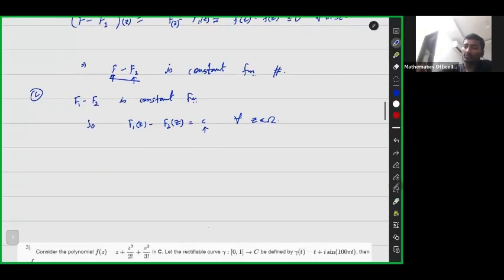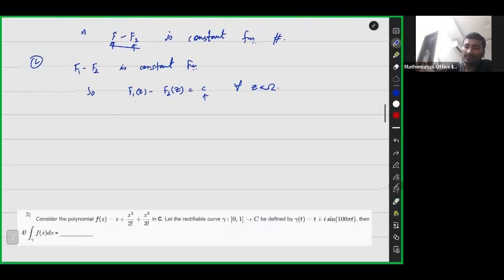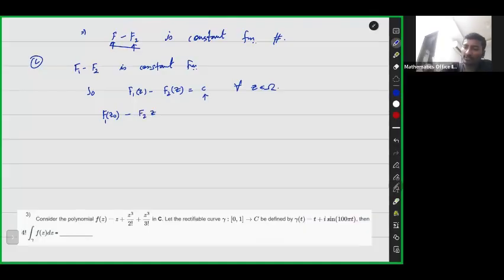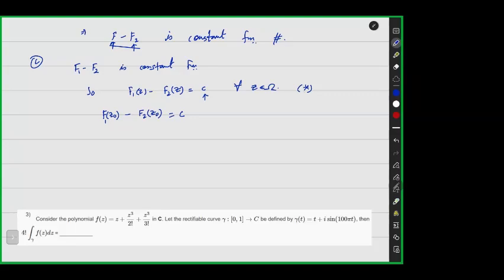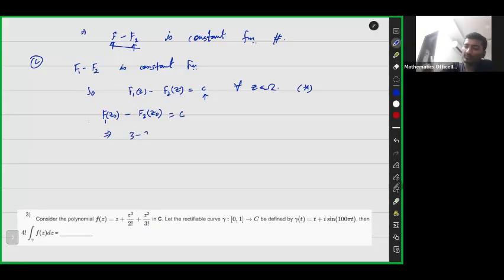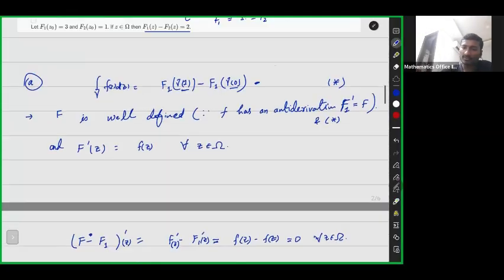So how to calculate c? That is obvious, because F1(z0) is given, and F2(z0) is also given. We are using this star condition for them. So c is 3 minus 1, since F1(z0) is 3 and F2(z0) is 1.